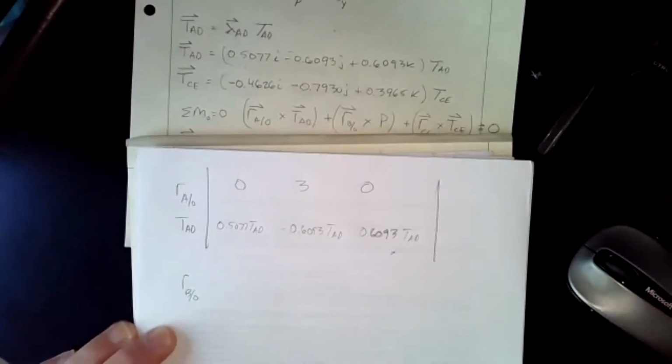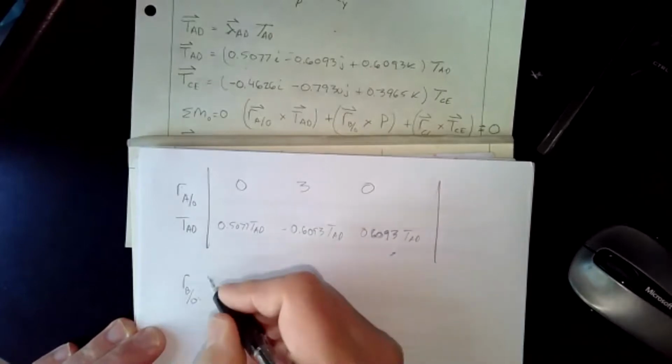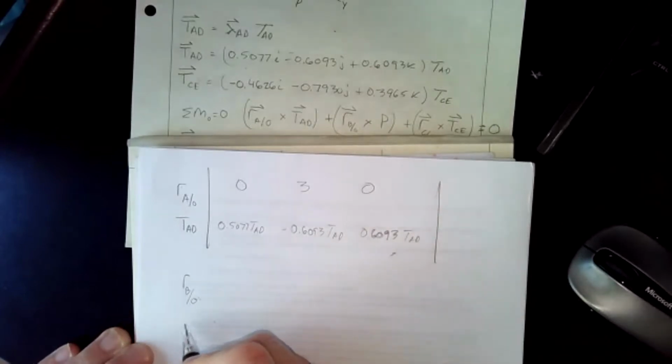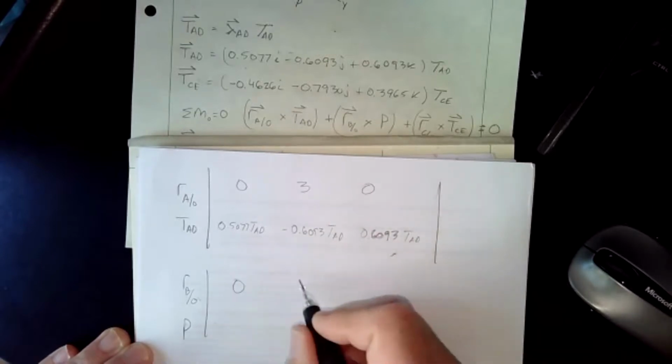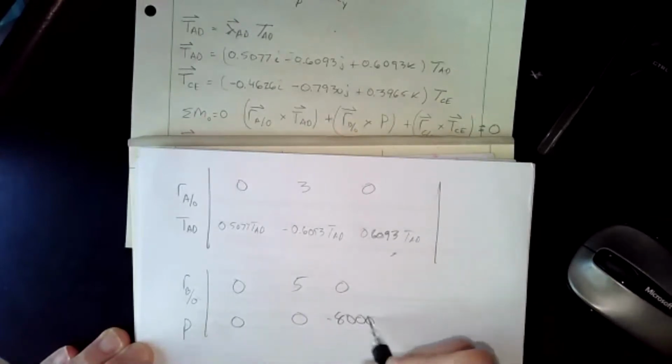And then R B relative to O. Sorry, getting kind of tilted here. And then that's going to be just P. So this one's easy. It's just 0, 5, 0, and then 0, 0, negative 8,000.